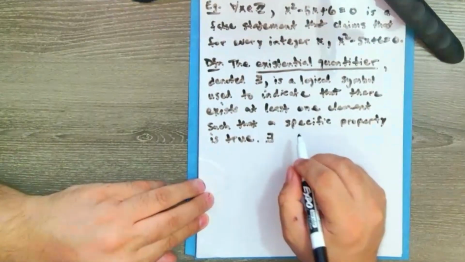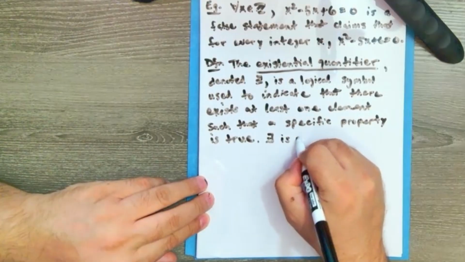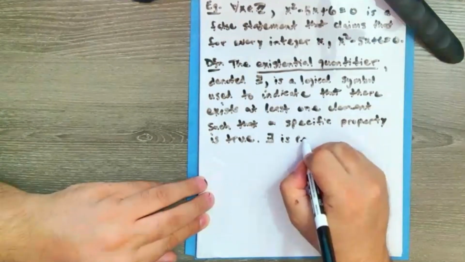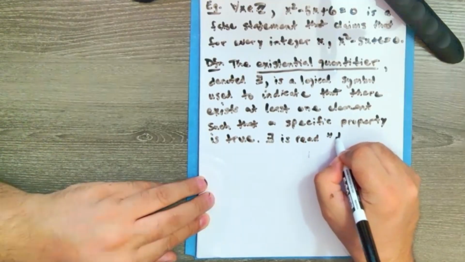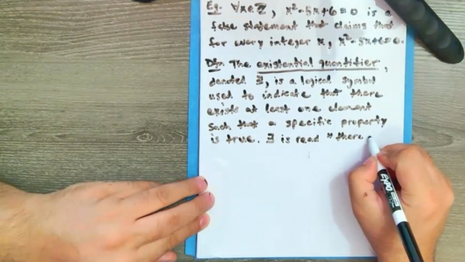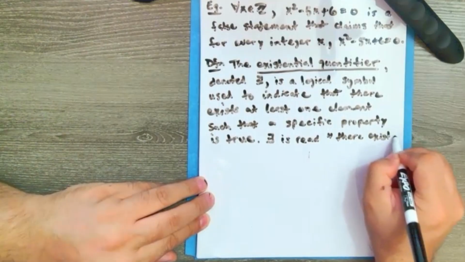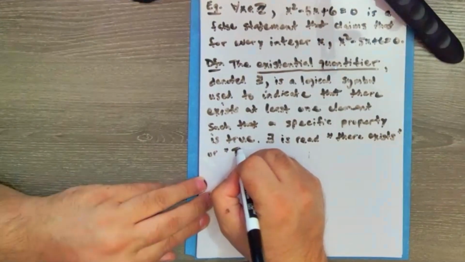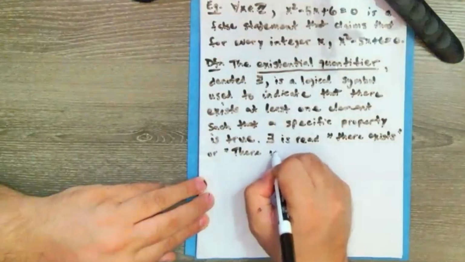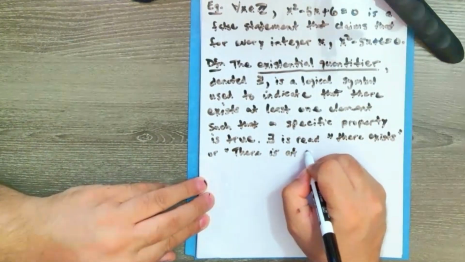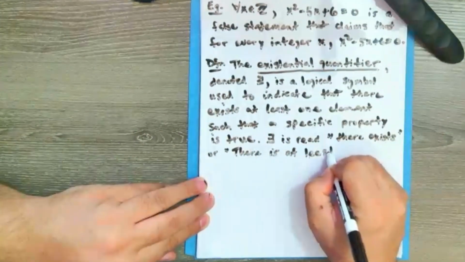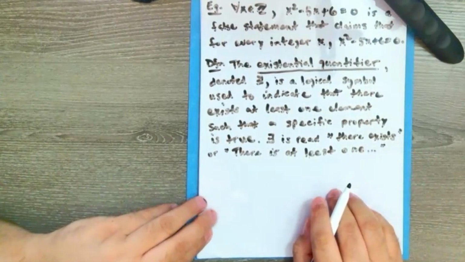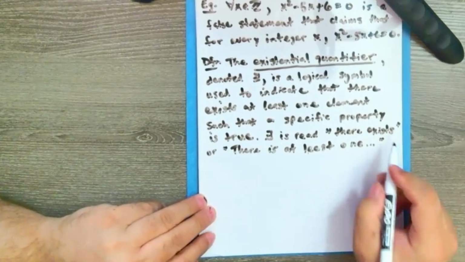The symbol is read there exists, or there is at least one, or any variation of these phrases.